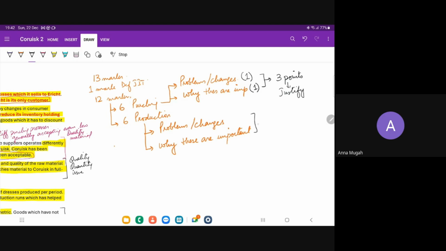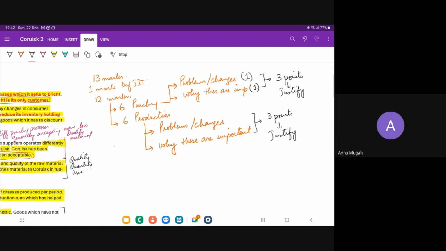You have to identify at least 3 points and then you have to justify. That's something which you have to do. When I'm saying you have to identify 3 points and justify, each pair will be equal to 2 marks.